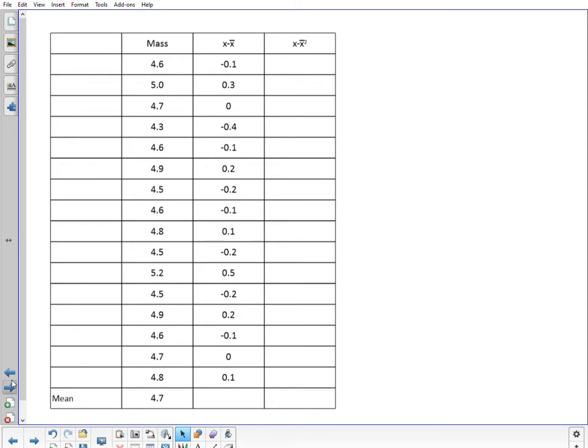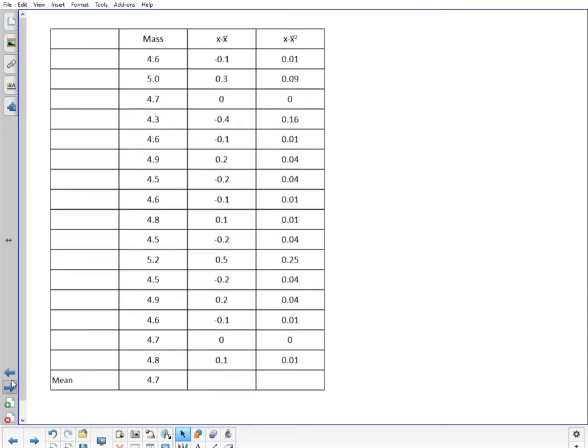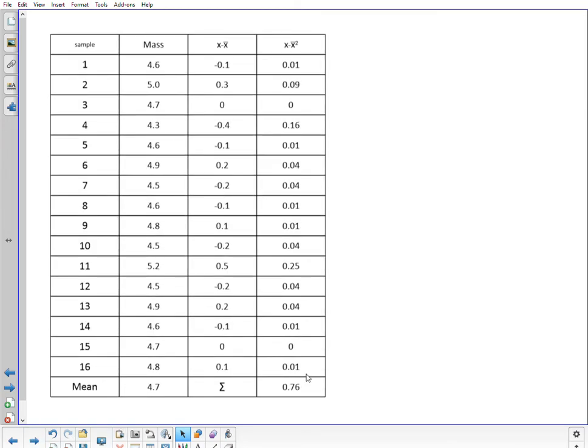Okay, so that will give us these values here. And then, so these are all these values squared, we then sum them. So we add up all of this data here, and that will give us a value of 0.76.